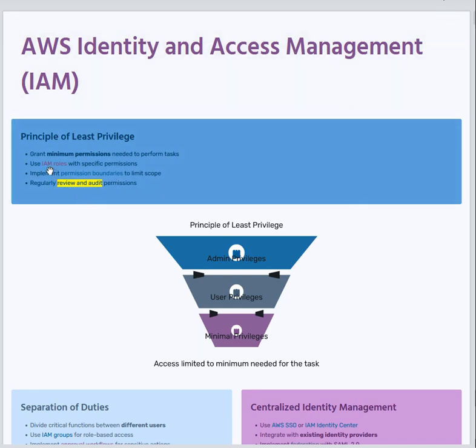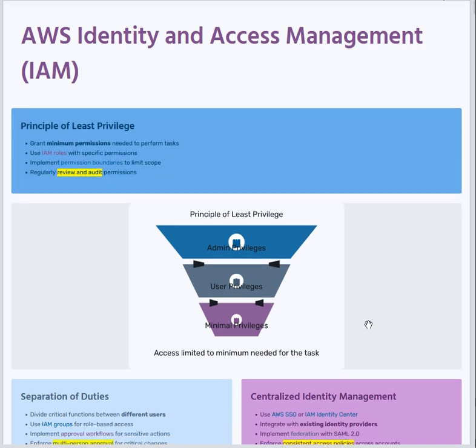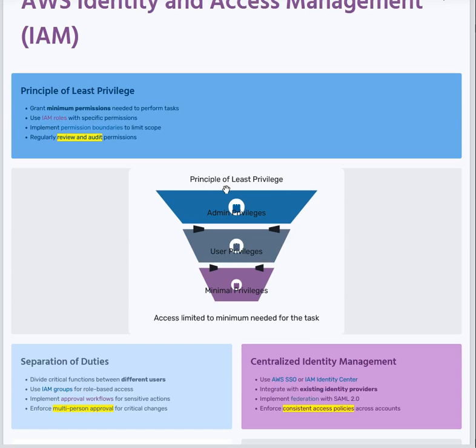We use the principle of least privilege: grant the minimum permissions needed to perform a task. Use IAM roles with specific permissions, implement a permission boundary to limit the scope, and regularly review and audit permissions. The principle of least privilege is basically the most important part.